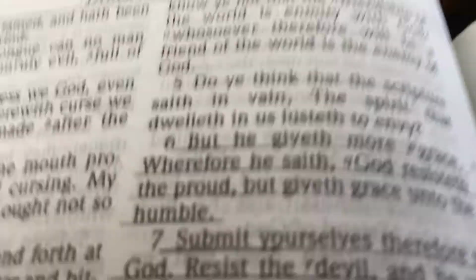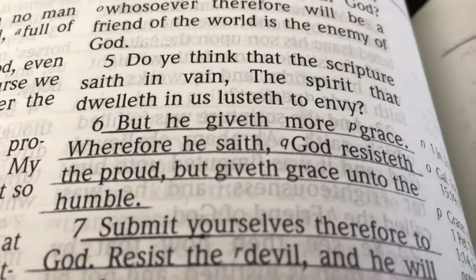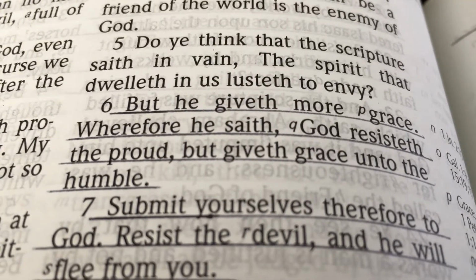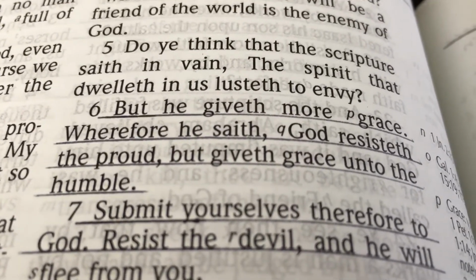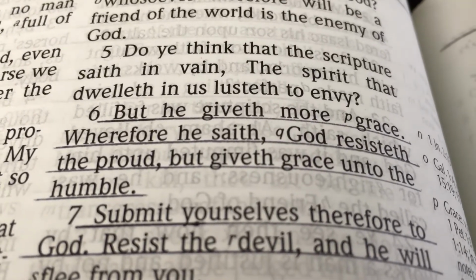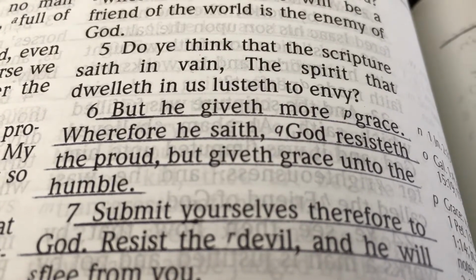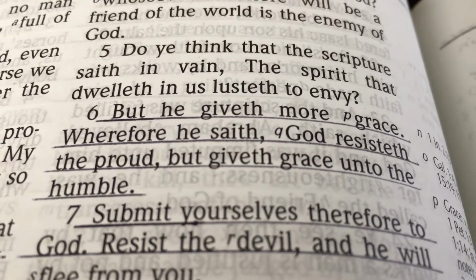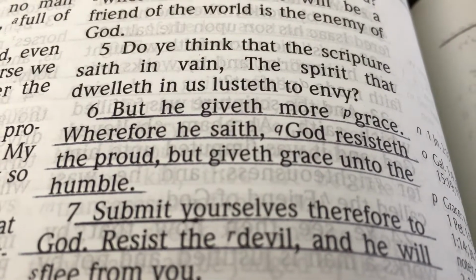Okay. So here he's not talking to God, such as "thou hearest." He's talking about God. So, talking about God, "giveth more grace. Wherefore he saith, God resisteth the proud, but giveth grace unto the humble."